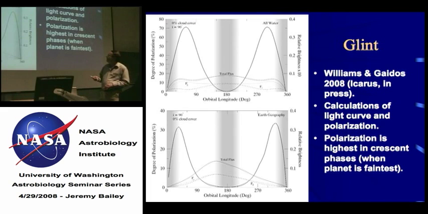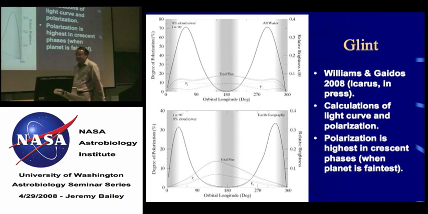So you get a much smaller glint polarization now, about 30%, and it's shifted over to smaller angles, more extreme crescent phases. And what hasn't been modelled here is what happens if you add clouds. And that's the real problem, because clouds are brighter than both oceans and continents. So if you put clouds into the model, this peak is going to get smaller, and it's going to get shifted further to more extreme crescent phases.